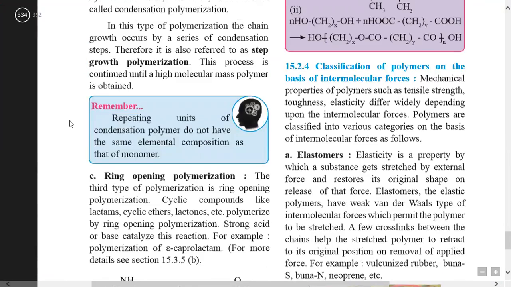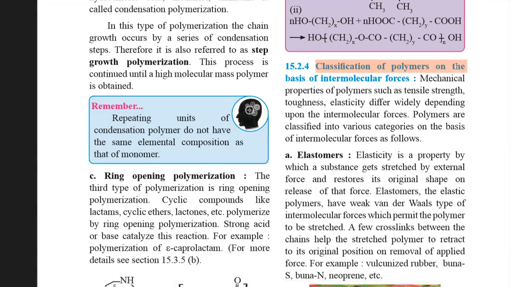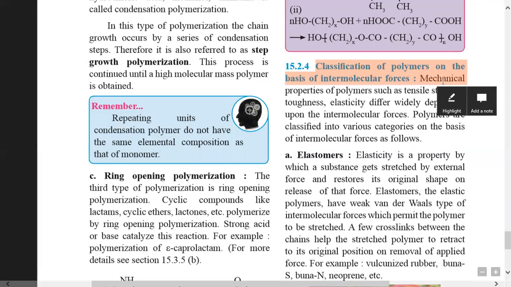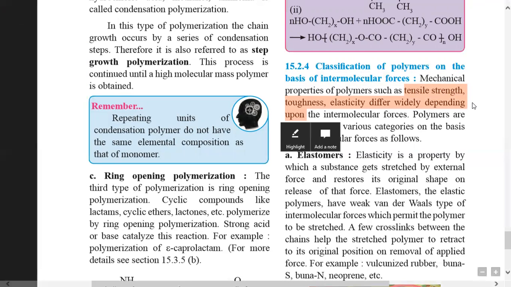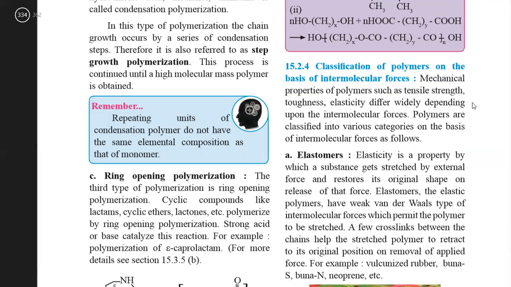So the fourth type of classification of polymers is based on intermolecular forces. We know mechanical properties of polymers like tensile strength, toughness, and elasticity differ widely depending upon these intermolecular forces.